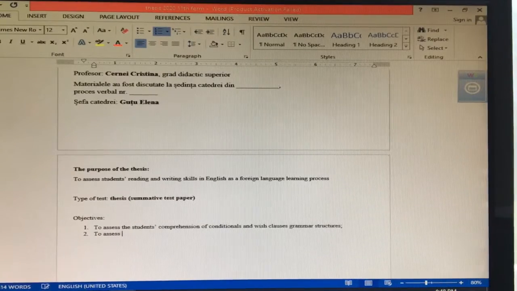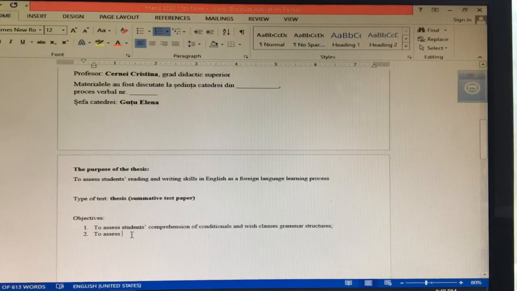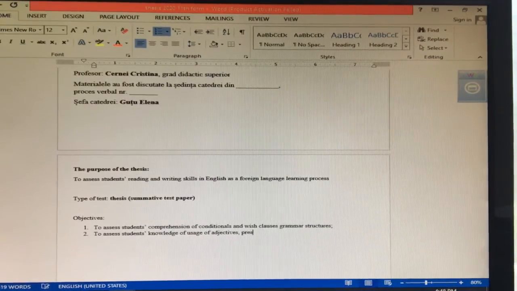To assess, maybe without the article, not to make it more general, students' knowledge of usage of adjectives, present and past participles as adjectives.